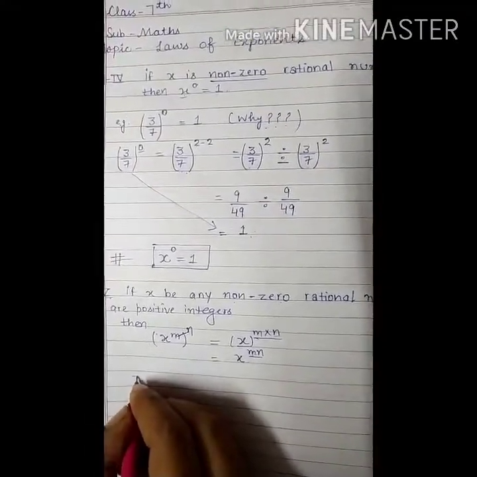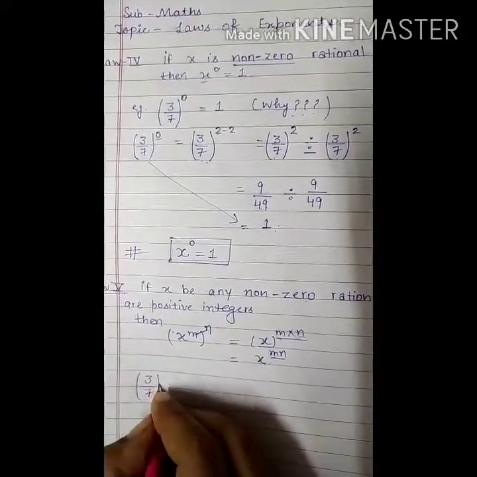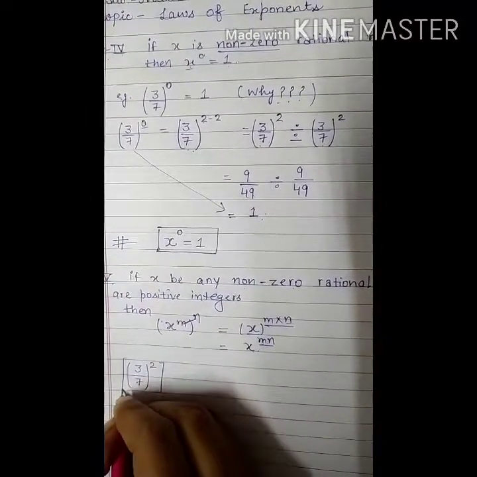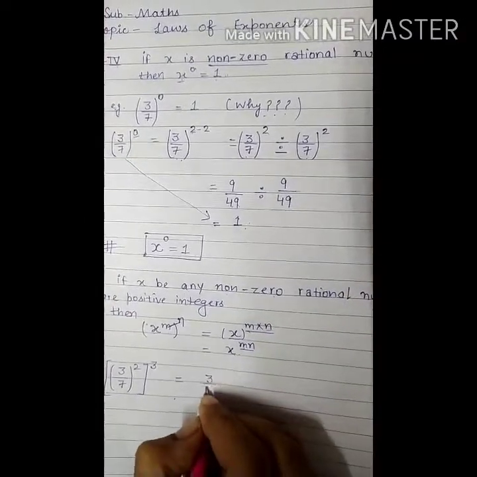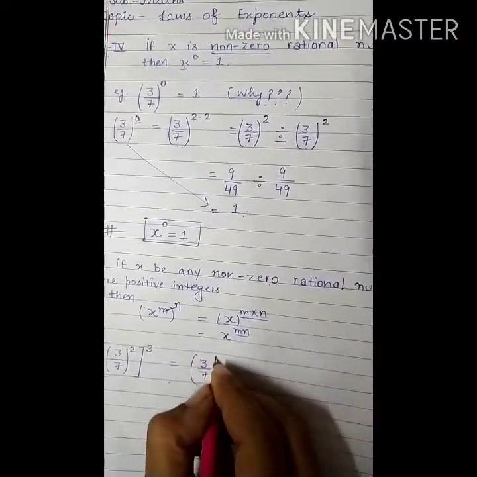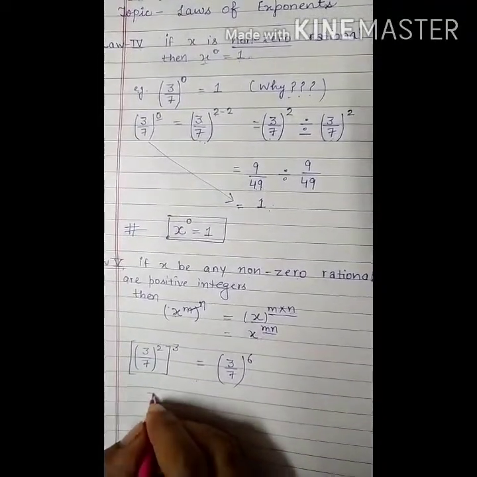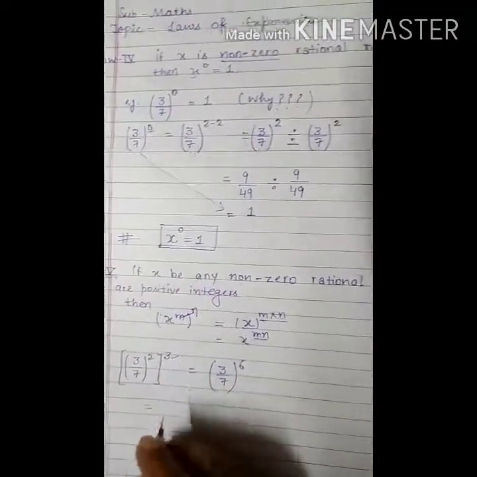For example, let us take any rational number, say 3/7 to the power 2, again raised to power 3. It is equal to 3/7 to the power, 2 3s are 6. How? First of all we solve the outer part.